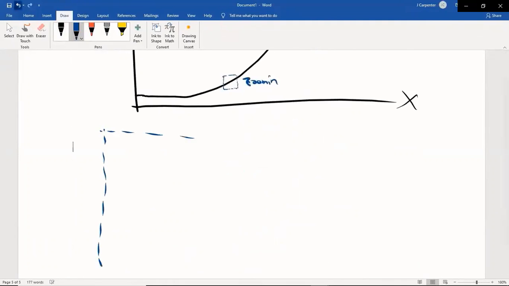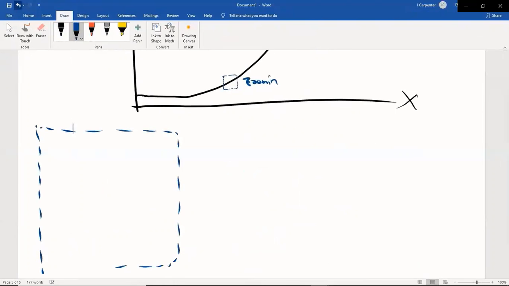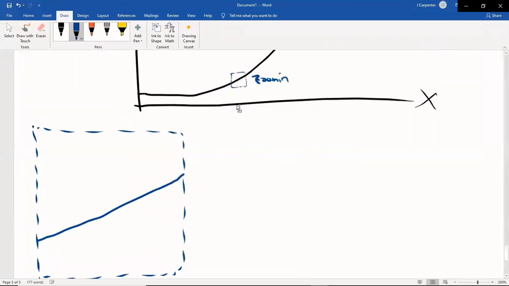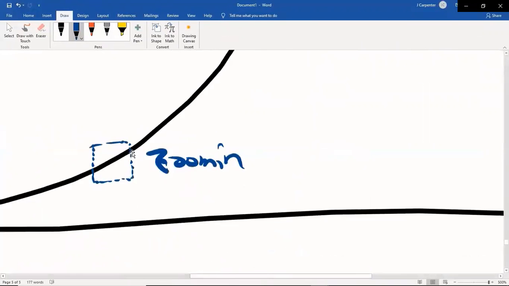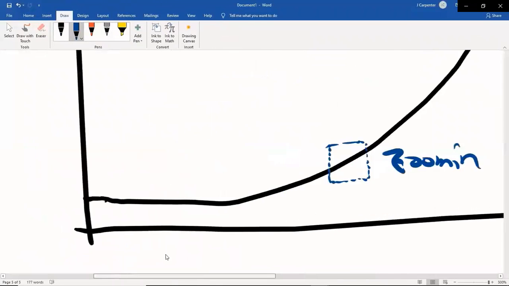I'm going to put it a little on the left, actually, because I'm going to do this twice. That zoomed in portion, which I'm not going to show the axes, is just going to look like that. You might think that looks a little more bendy than this, but again, if you really zoom in on just that portion, that really does just look like a line.